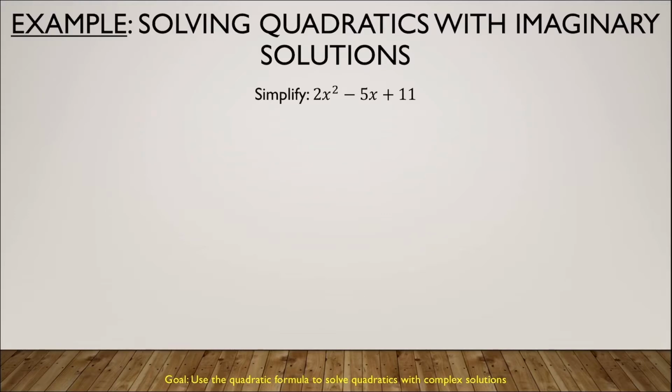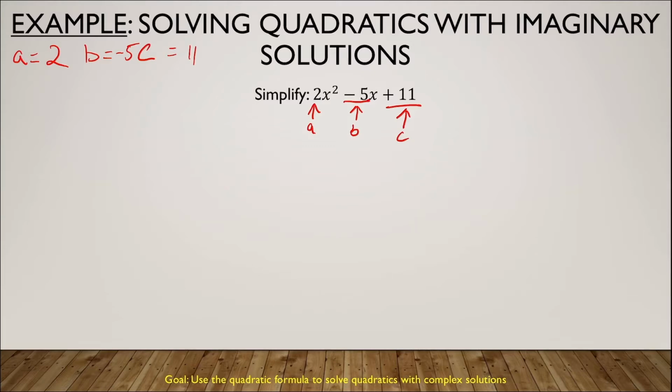So the very first thing I have to do is identify my a, my b, and my c. I get a is 2, b is a negative 5, and c is 11.